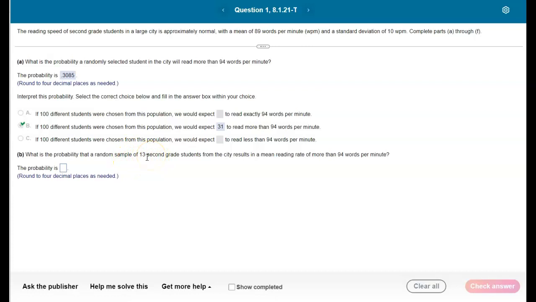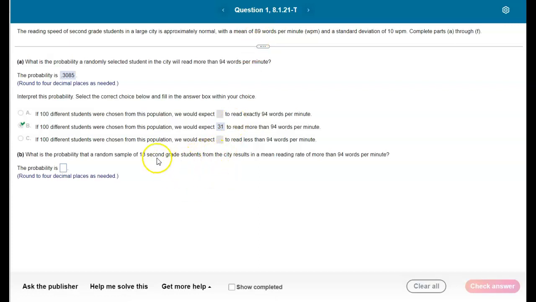First of all, when we're doing this sampling distribution of sample means, we have to figure out a new mean and a new standard deviation, because we need the standard deviation of the sampling distribution, which is also called the standard error of the mean. The mean for a sampling distribution of sample means is equal to the mean of the original. So for that one, that's 89.